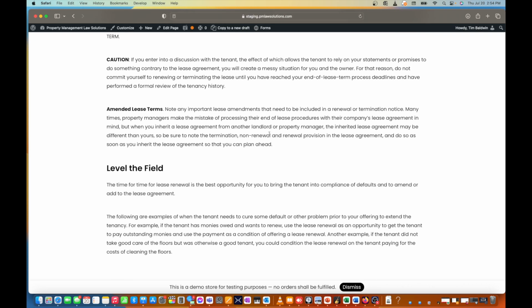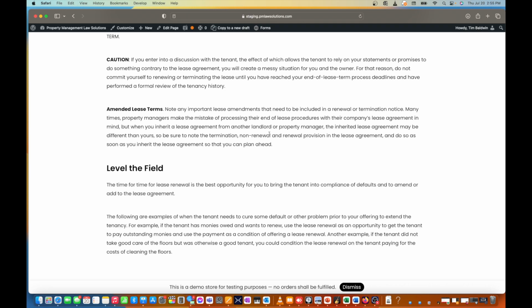At the same time, if there are any important lease amendments that need to be in effect at the start of a new lease term, we have to make sure those lease terms are implemented prior to the beginning of the next lease term. Periodically, the lease may be updated, or there might be provisions that need to be included, or we might inherit a lease agreement that was not ours to begin with.